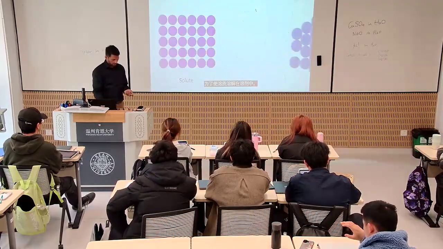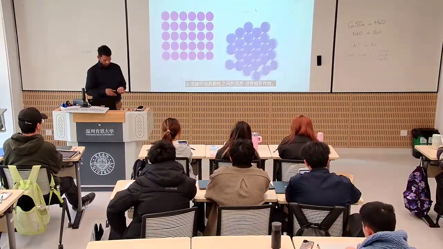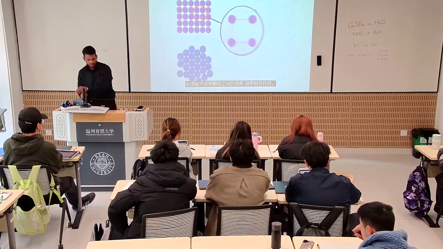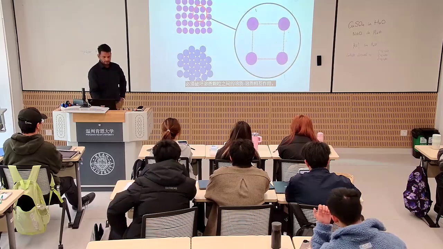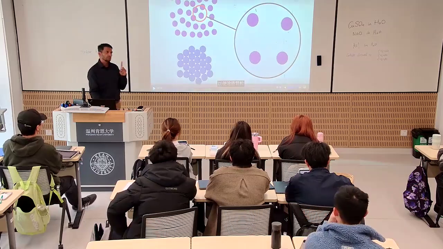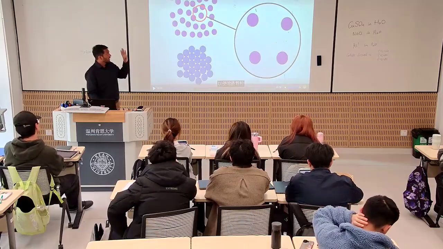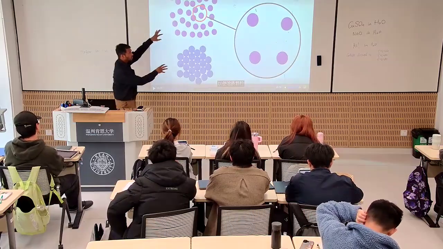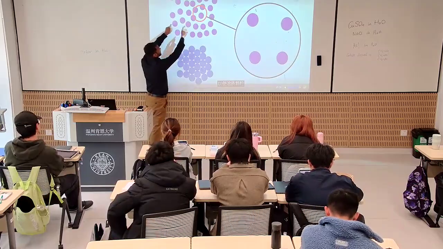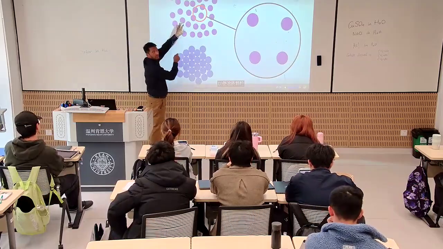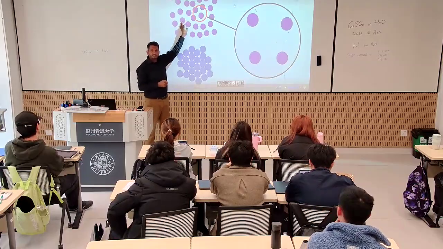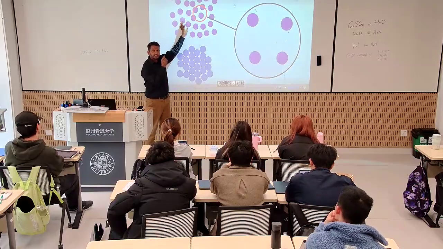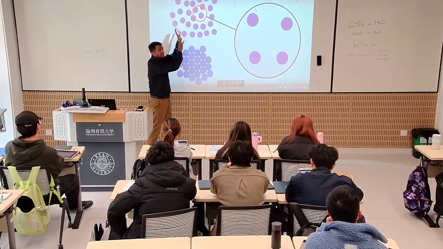For a solute to dissolve in a solvent, solute-solute interactions between solute particles must be disrupted. Now, this is the first step. If you are dissolving two components, first you have to break their intermolecular forces. In this process, is energy required or energy released?